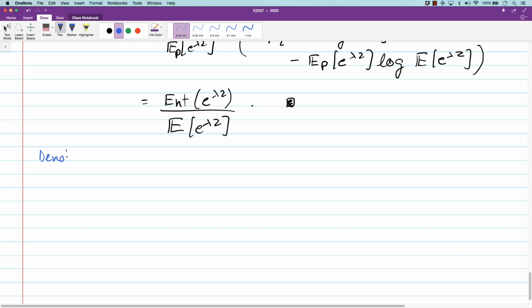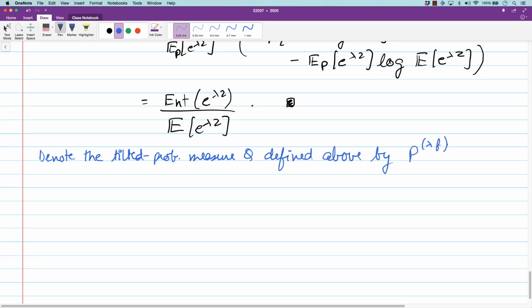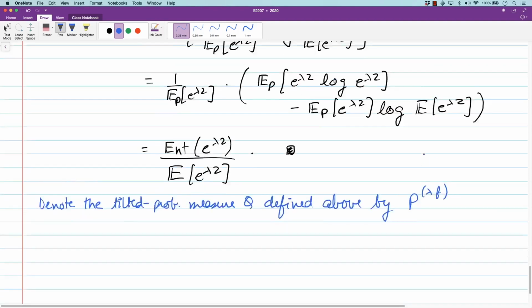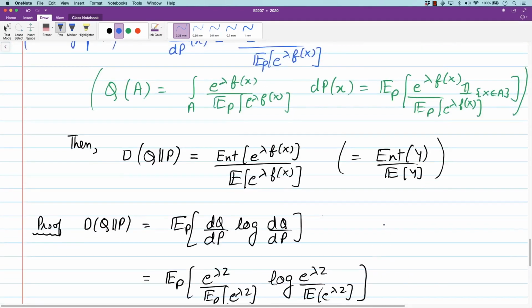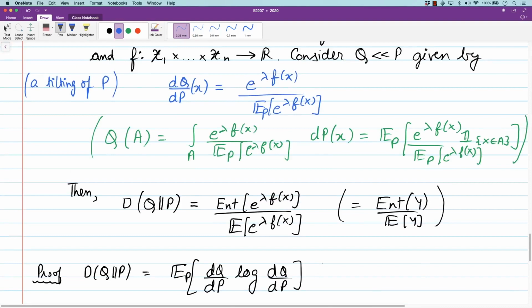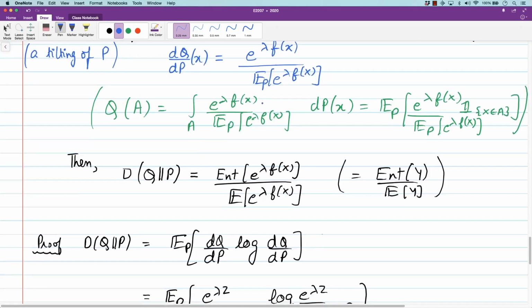Denote the tilted probability measure Q defined above by, so it's P and we tilt P by this. This is a well-defined thing. So you can take any function here, and this tilting is defined as just taking this density e to the power lambda f(x) by the expected value of that.